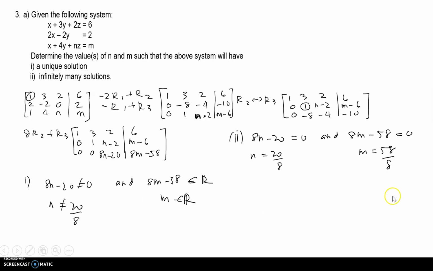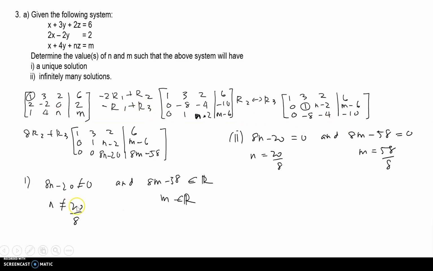Okay, we shall move to question number 3a. The given system, to find a unique solution and infinitely many solutions. Again, we do the same process. Write the system into an augmented matrix and then apply elementary row operations to get REF.